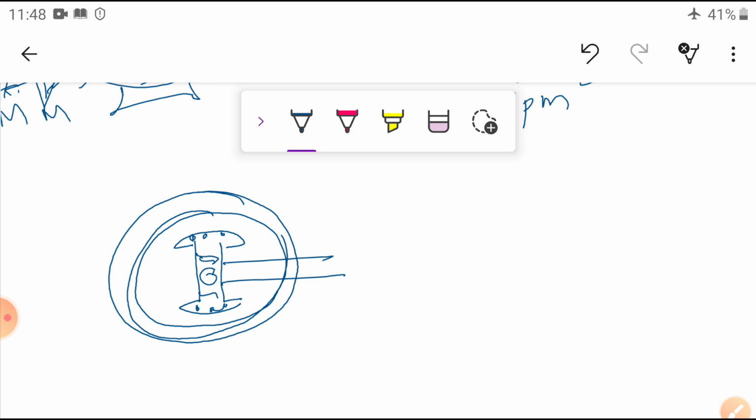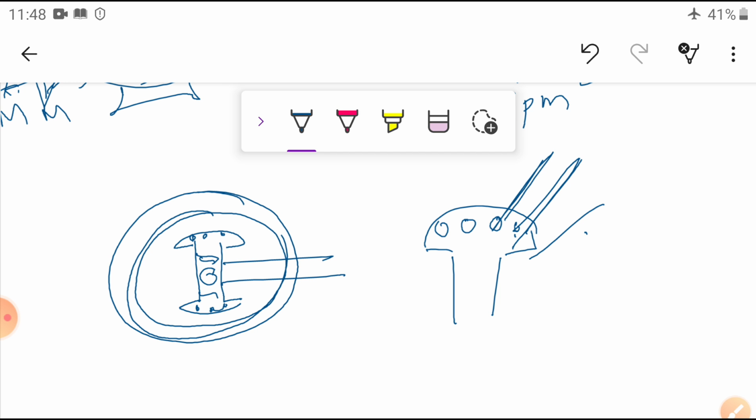You place the copper bars on both sides of the pole shoe, one copper bar, another, another. Now we short the ends at both sides. This is a pole.